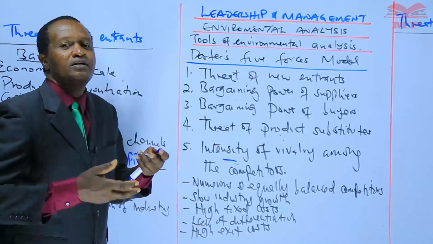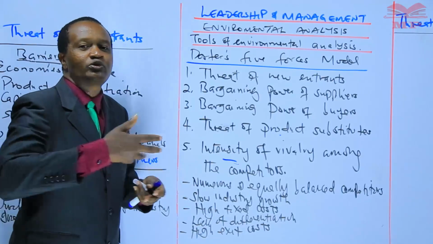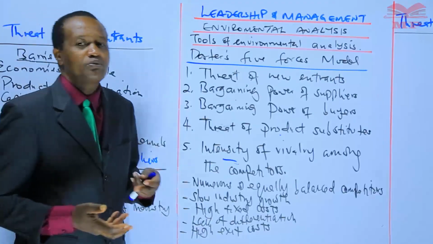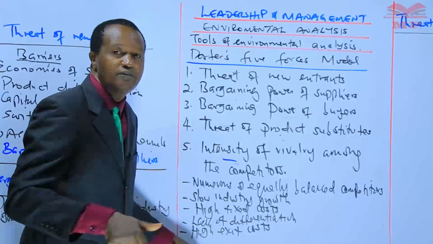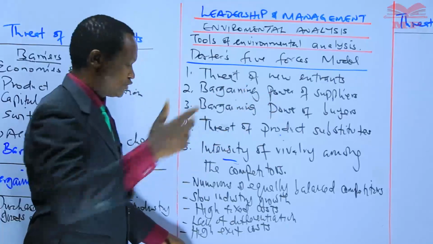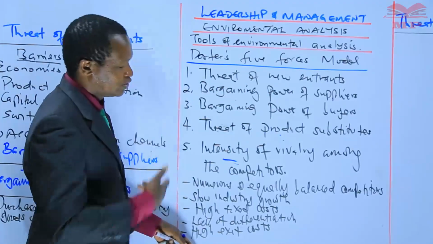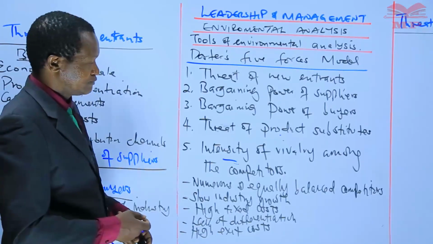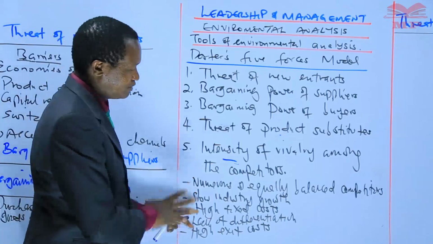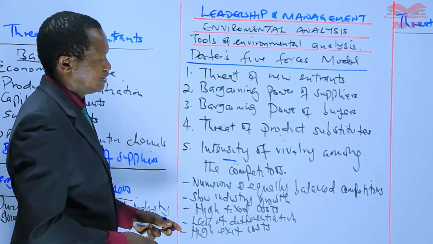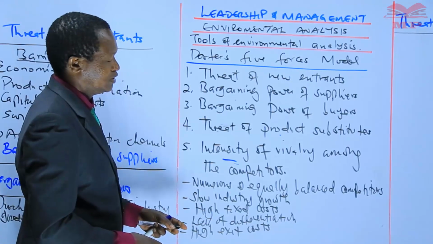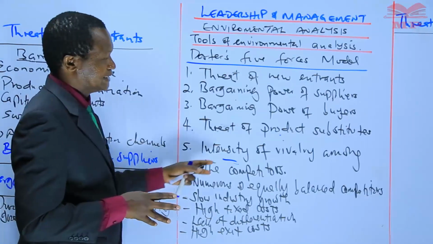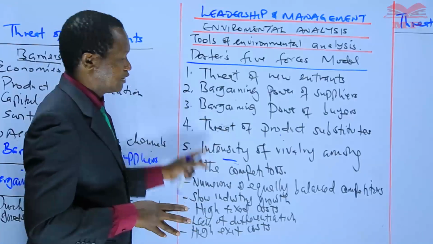Emotional barriers, which is an aversion to economically justified business decisions because of fear for one's own career, loyalty to employees, and so forth. Where a company wants to maintain loyalty to employees, such a company may not want to exit business. So all these are some of the factors that may cause companies to compete intensely. We are talking of intensity of rivalry among the competitors.